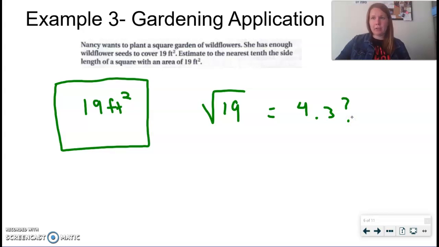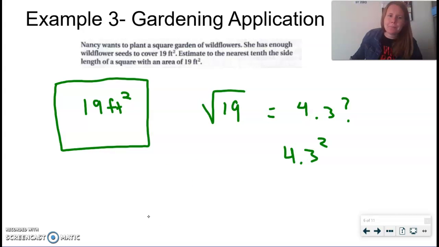I'm going to test it with a calculator and plug in 4.3 squared and see if I get 19. Your phone ones can do that fancy stuff if you turn your phone to the side, but for this, I usually like to grab a calculator.